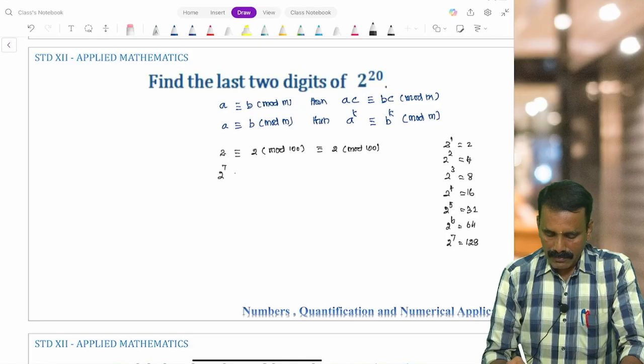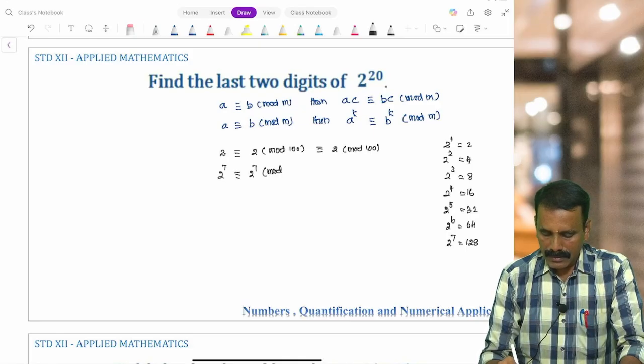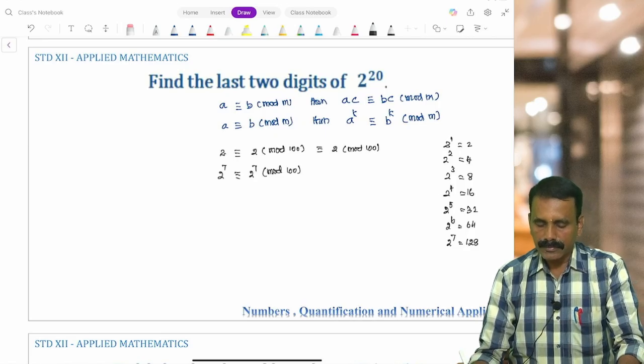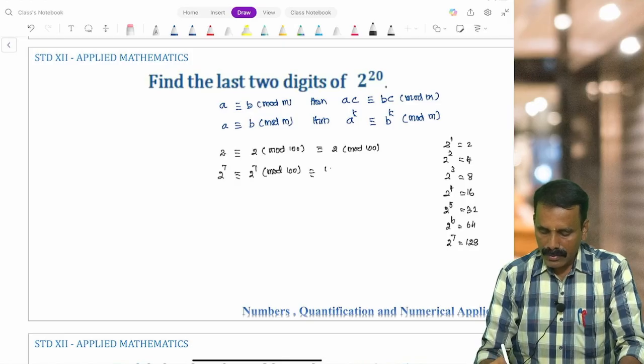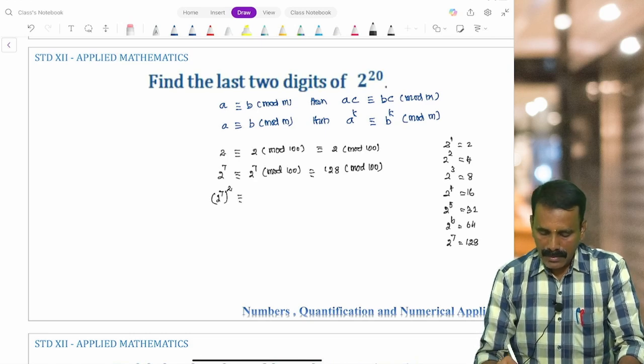So 2 power 7 is congruent to 128 mod 100, which is 28 mod 100.